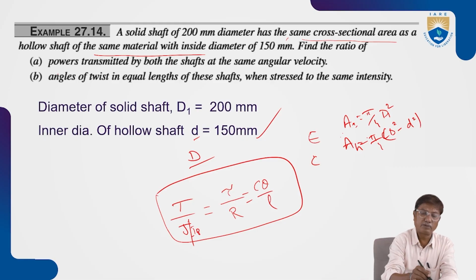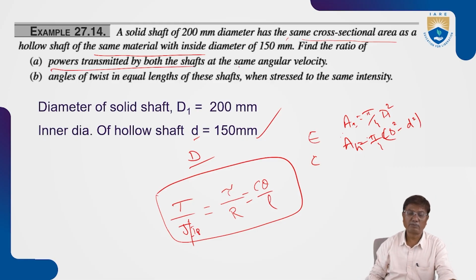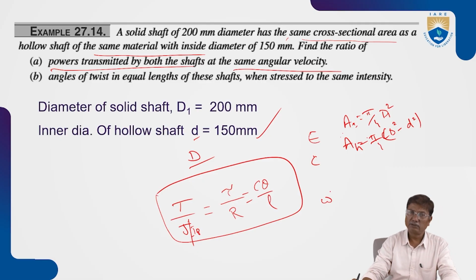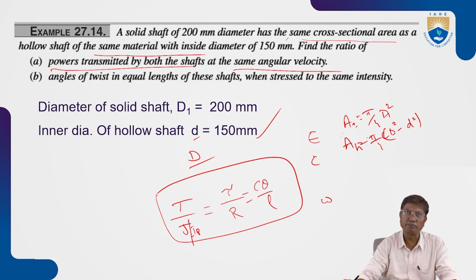We have to find the ratio of powers transmitted by the shafts at the same angular velocity. Angular velocity is omega, which is given as 2 pi n, where n is speed in RPM, revolutions per minute.